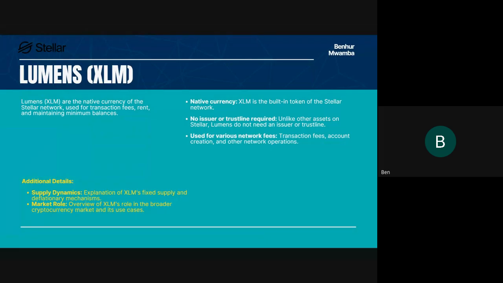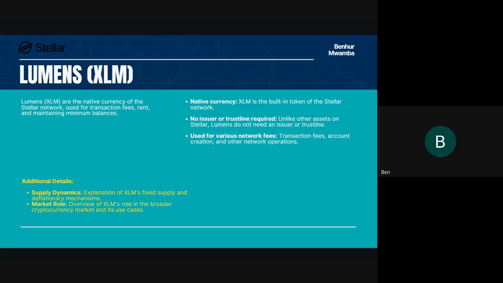Because when you talk of Ethereum, for example, there are validators who get those fees. Also on Bitcoin, those fees go to validators. So it is sort of an incentive for them to be on the blockchain network. But on Stellar, validators don't get any fees. So where do they go?